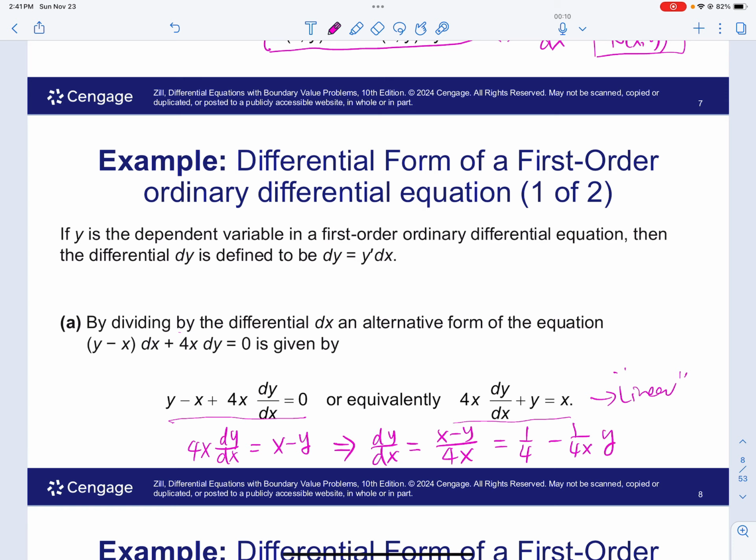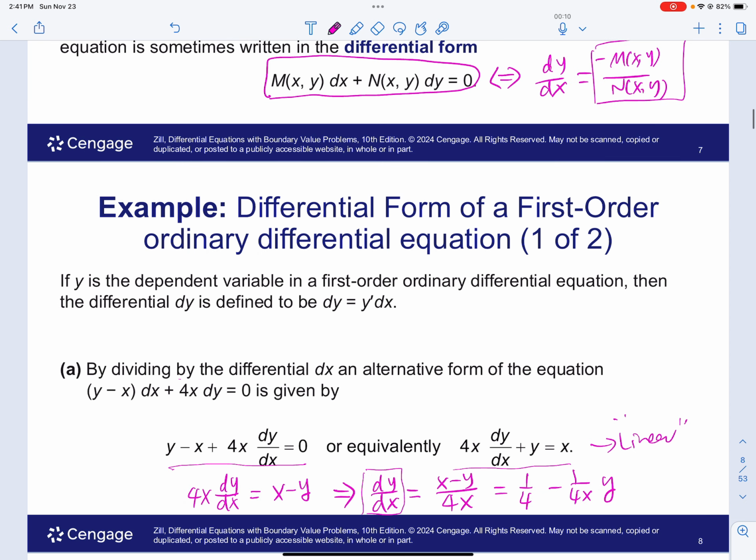If you wanted to write it separately as a function, you can do that. What will be the differential form? How could you find the differential form? This is to isolate dy over dx. The differential form is M(x,y) dx plus N(x,y) dy.